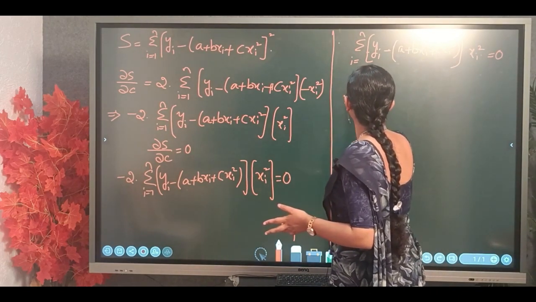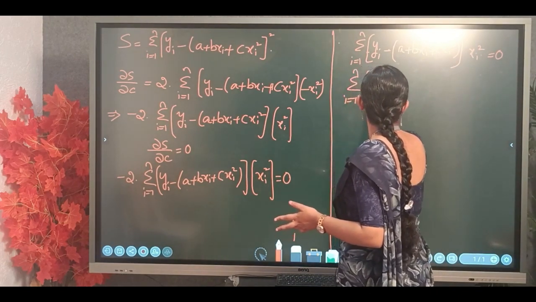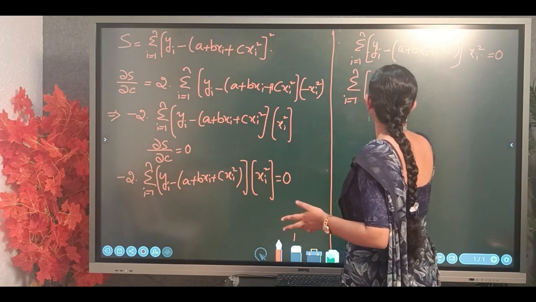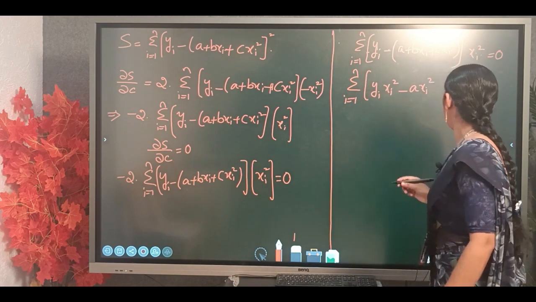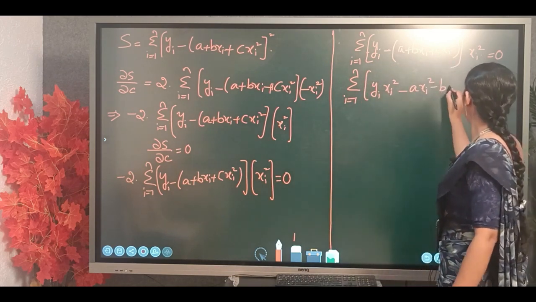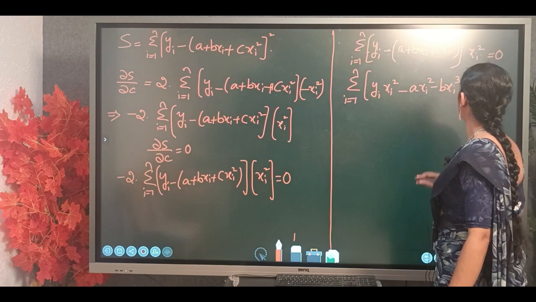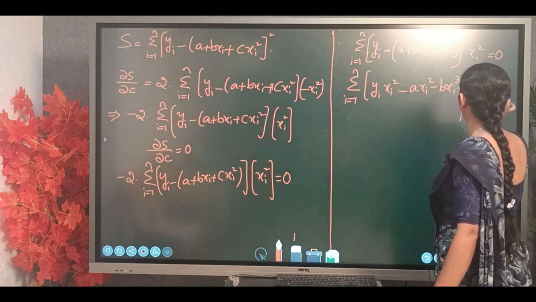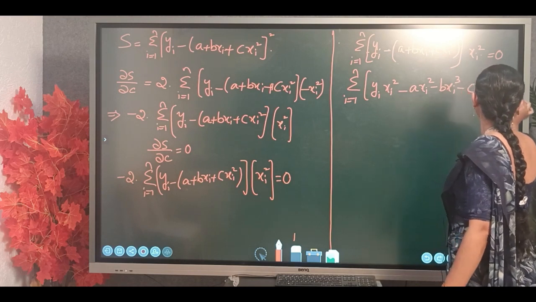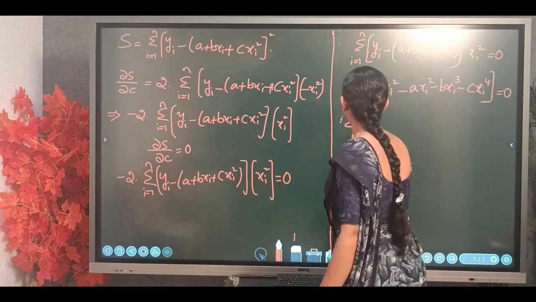Summation i = 1 to n of yi xi² minus a xi², and again what will we get? Minus b xi³. Next, minus c xi⁴ is equal to 0. So now we are separating.